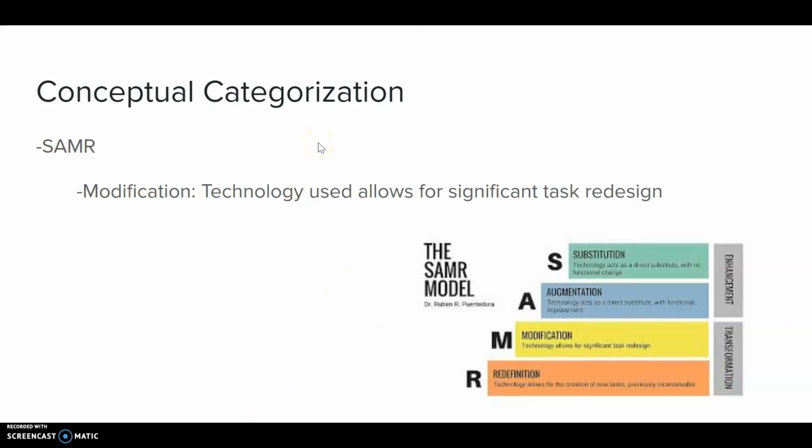For the conceptual categorization of our unit, we went with the modification zone of this. We felt that the unit would actually not be possible without the use of technology.